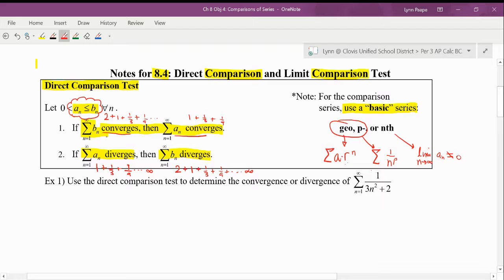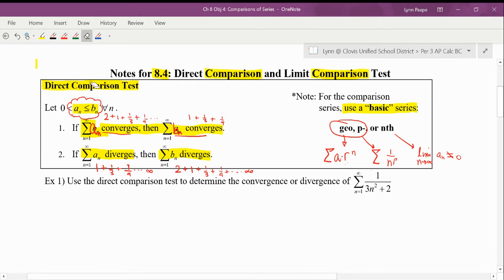So the flip side of that is not true, right? So if you have, say, the smaller termed one, so if we said that An, the smaller one, converged, then you don't know anything about Bn. This would result in no conclusion, because if the smaller one converges, who's to say the bigger one will converge as well? Maybe it's just enough bigger to add to infinity.